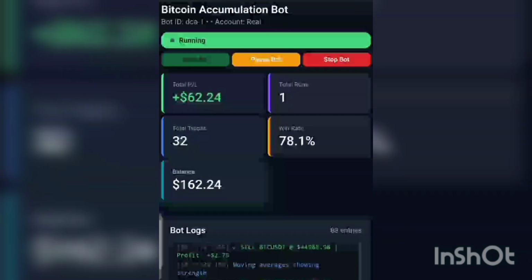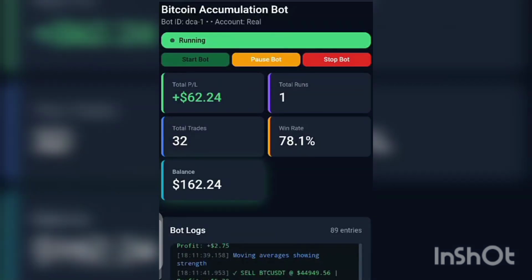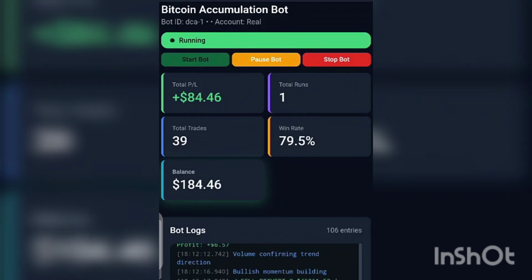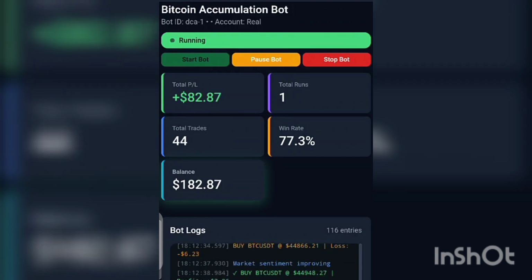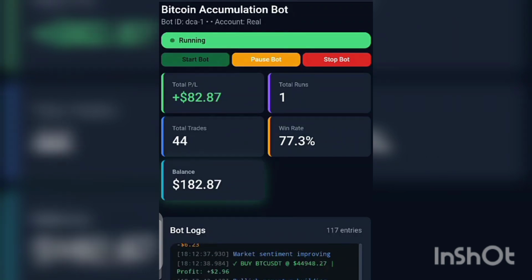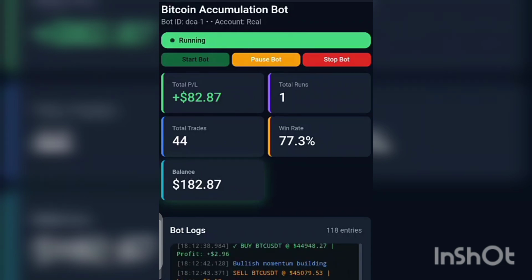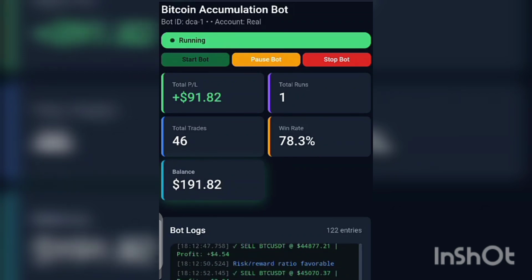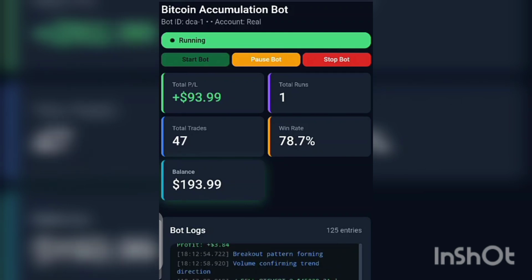From the VIP group you can gain access to this particular bot, because I normally allow my VIP members to access the bot without buying it, for those of you that don't have much to buy the bot. This particular bot is highly profitable. It trades on a daily basis, and one good thing about it is that you can actually start with 20 USDT. As low as 20 USDT you can start. If you are using $100, you really make a whole lot of money.